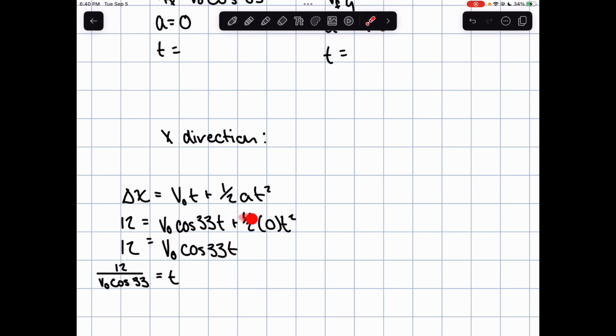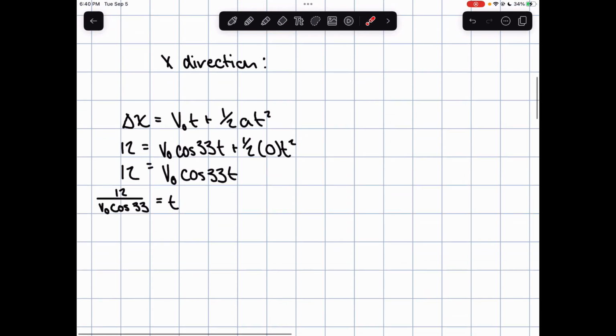So that whole term cancels out. So now we have 12 equals V naught cosine 33 t. And what we're left with is time is equal to 12 over V naught cosine 33.